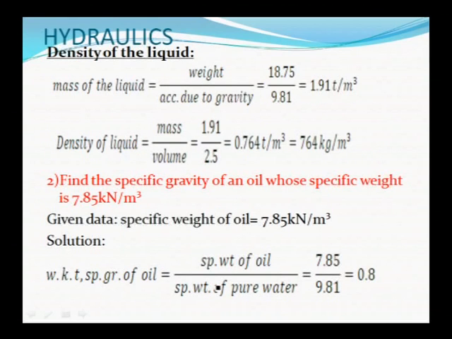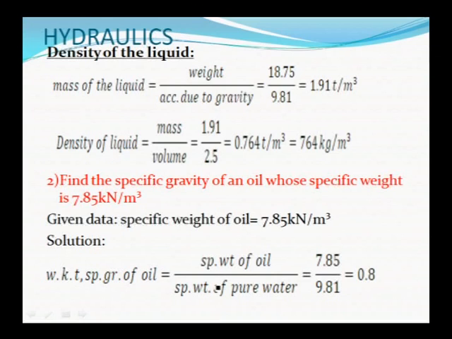Next, we have to find out the density of the liquid. Mass of the liquid is equal to weight over acceleration due to gravity, that is 18.75 divided by 9.81.